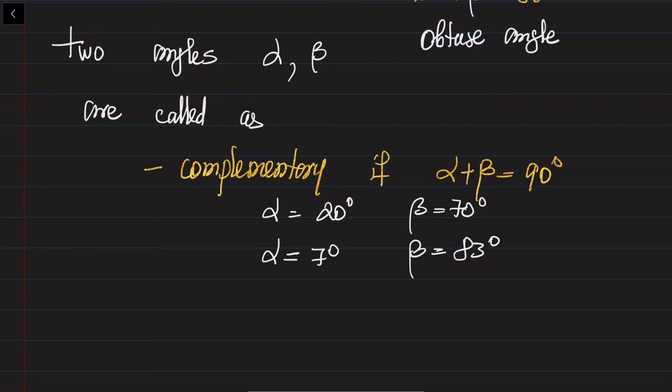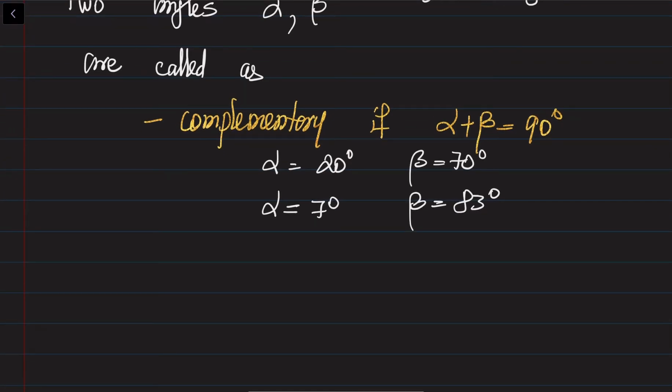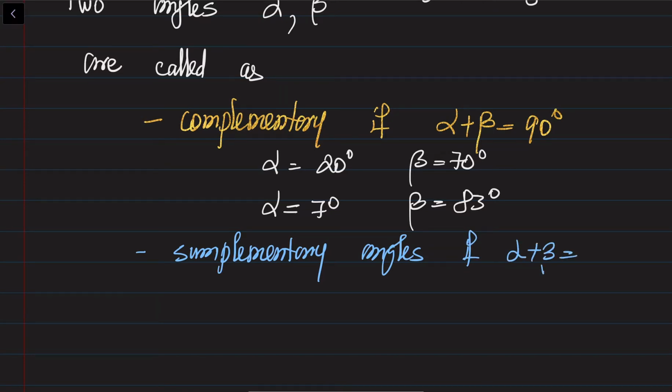And two angles, alpha and beta, are called supplementary angles if alpha plus beta is equal to 180 degrees.